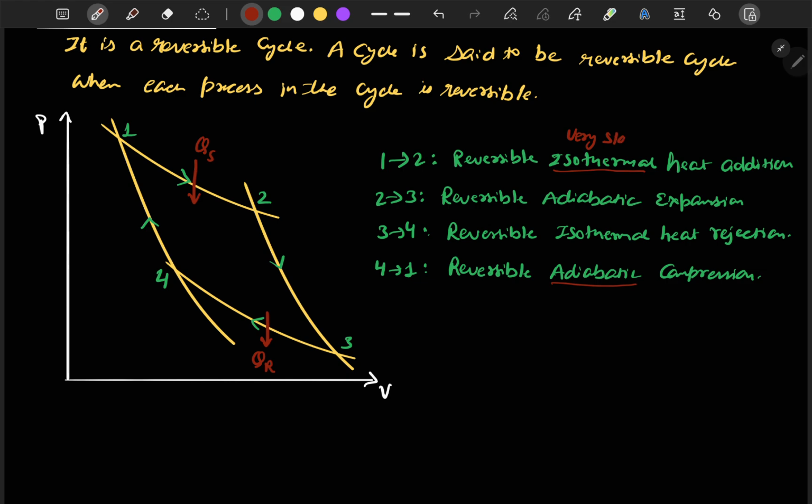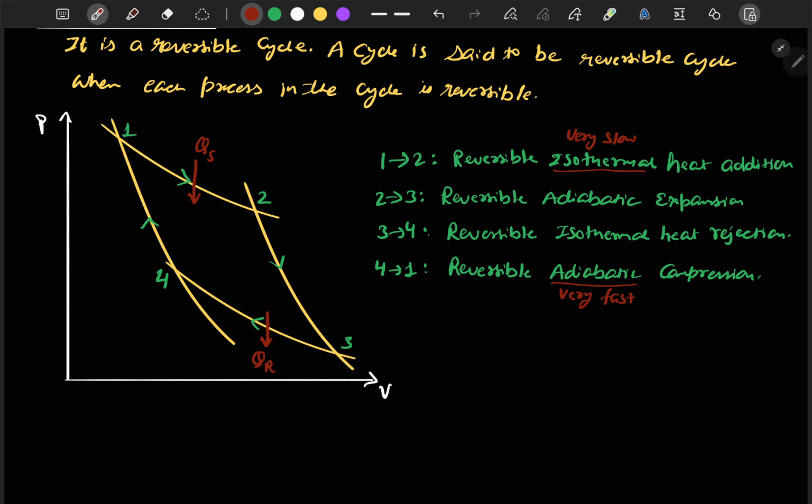On the contrary, for an adiabatic process there is no heat interaction between system and surroundings. It means that this process should be very fast. Only if it is very fast will it not have time to interact with the surroundings, and it can be considered reversible adiabatic.